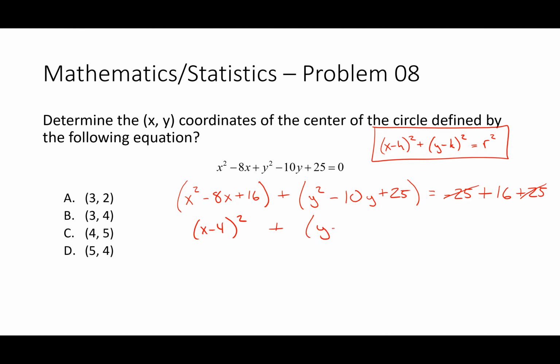Plus y minus 5 squared equals 16. So therefore, x minus 4 squared plus y minus 5 squared is 4 squared. I propose that this is a circle with a radius of 4 and a center located at 4, 5. Pretty straightforward. Okay, moving on.